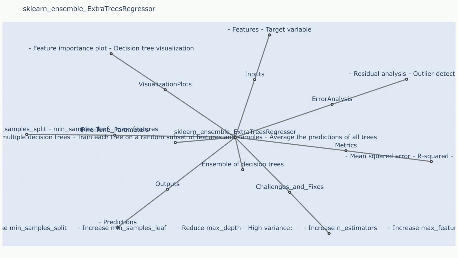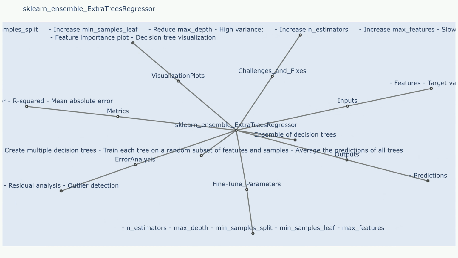Fixes to challenge 1: reduce the number of trees (estimators). Limit the maximum depth of individual trees. Max depth. Increase the minimum number of samples required to split a node. Min-sample split. Consider using techniques like cross-validation to evaluate model performance and prevent overfitting.